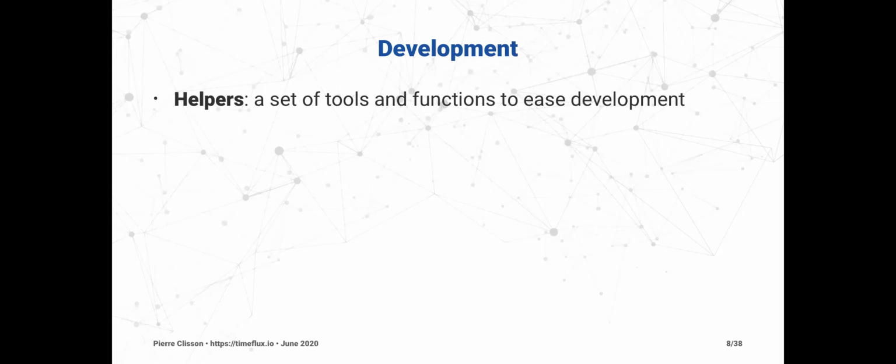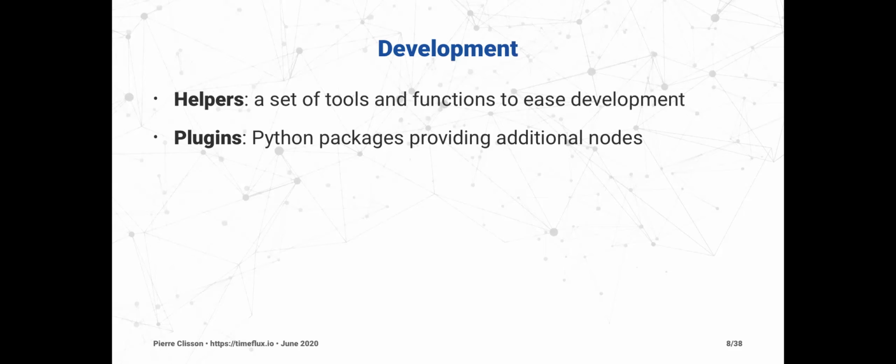And to ease your development, there are a few things you need. We have a set of helpers, functions, and debugging tools to facilitate development. We have plugins. Plugins are just Python packages that expose additional nodes, custom nodes. And we have branches.